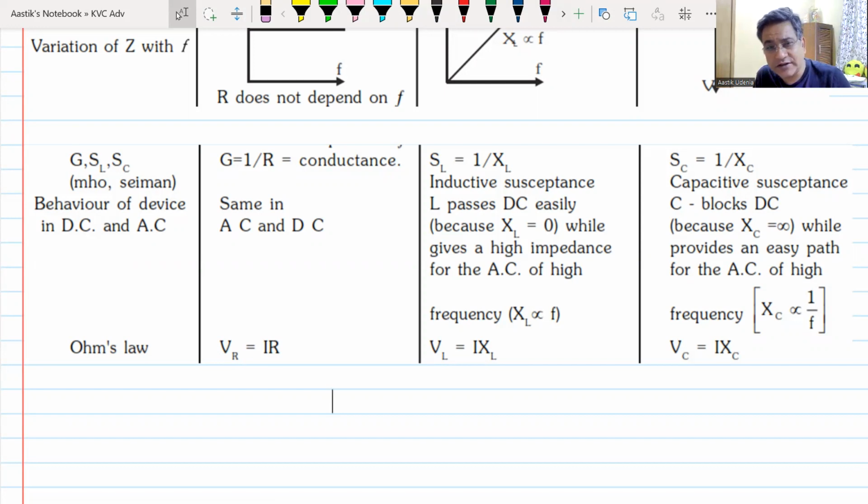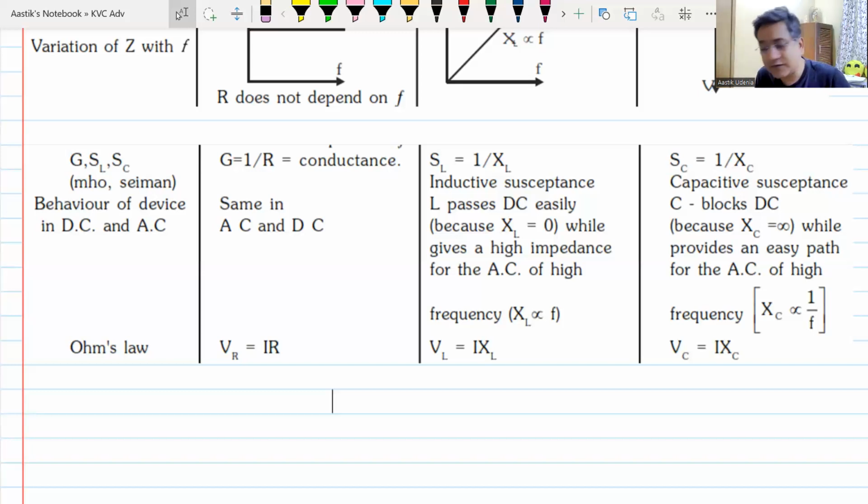In case of pure inductor or pure capacitor, they are not in the same phase. In one case, current is leading voltage by a phase angle of pi by 2. In the case of capacitor, current is lagging voltage by a phase angle of pi by 2. In case of inductor, and in both the cases the power consumed by the circuit is 0. Do you understand this?